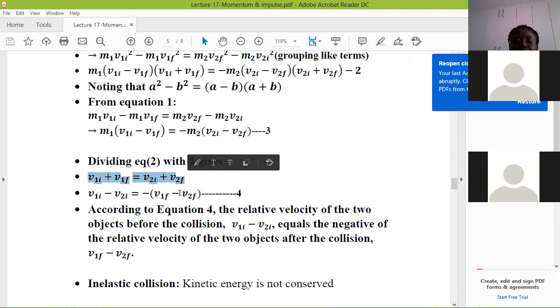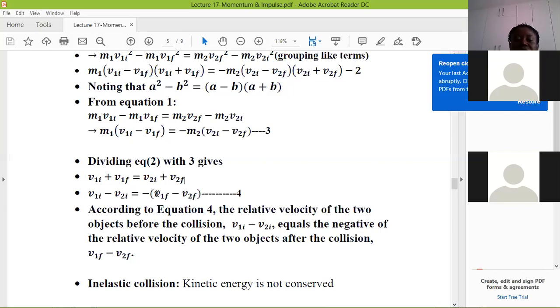So if we group them together, and if you want to bring up the first, maybe you want to say, okay, I want to take my first value, from the first object, V1 final minus the V2, we'll multiply that equation with that.